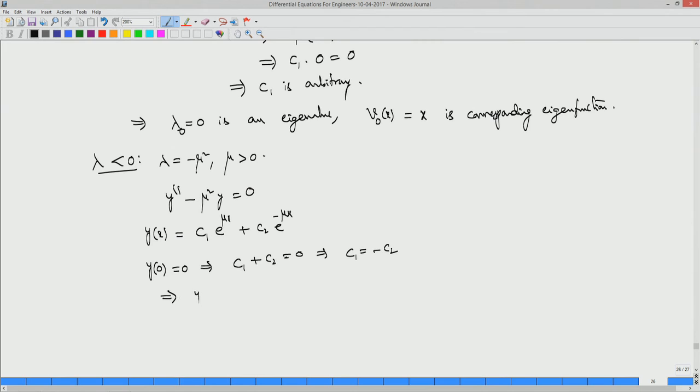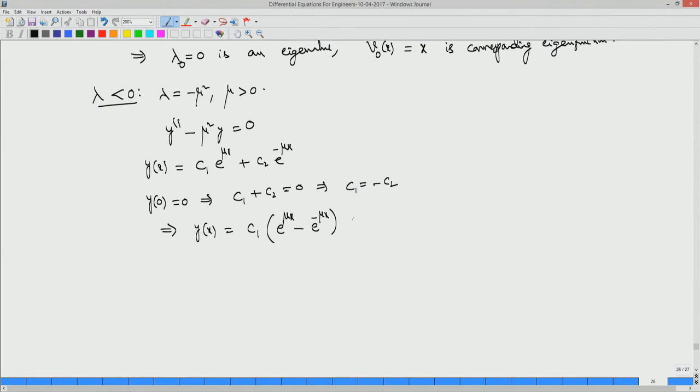The general solution becomes C1 times e power mu x minus e power minus mu x, replacing C2 with minus C1. So, this is actually equal to 2 C1 sine hyperbolic mu x, mu is positive.